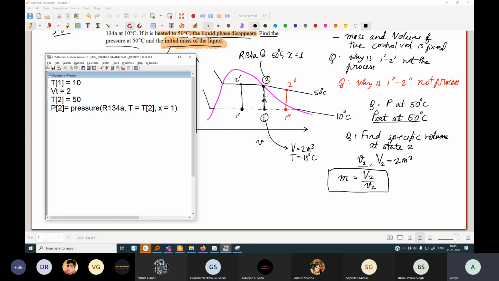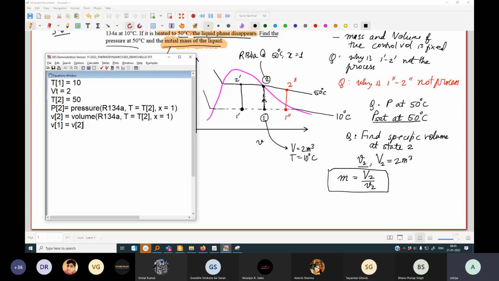Actually, it doesn't matter what value of X you use because when X varies from 0 to 1, the saturation pressure will remain the same for a given temperature. I've told this many times. Then I will say V2 is equal to volume, and I will simply copy paste this because the conditions are identical. Then V1 is also going to be equal to V2.